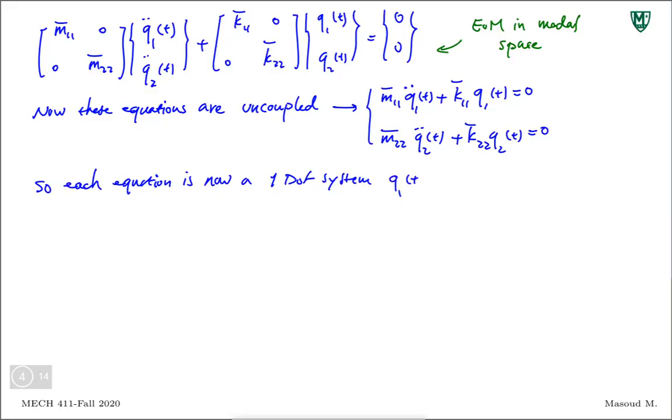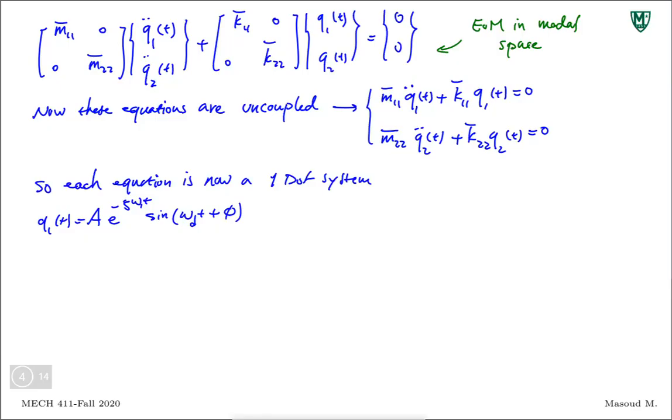So Q1(t) would be some constant A e to the minus zeta omega 1 t sine omega D t plus phi.